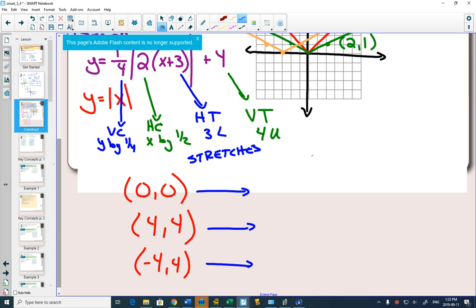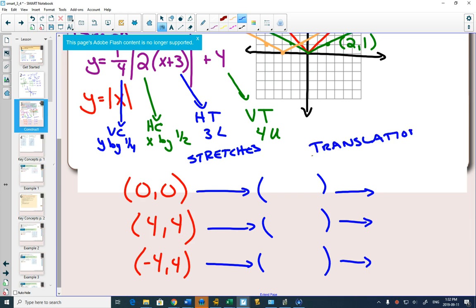We're going to do that first, find out what point we get, and then do our translations next to find our final point. And what's really nice is that's just like working from left to right, just like you would read. If you go from left to right, you always hit all your stretches and compressions first, and then your translations afterwards.